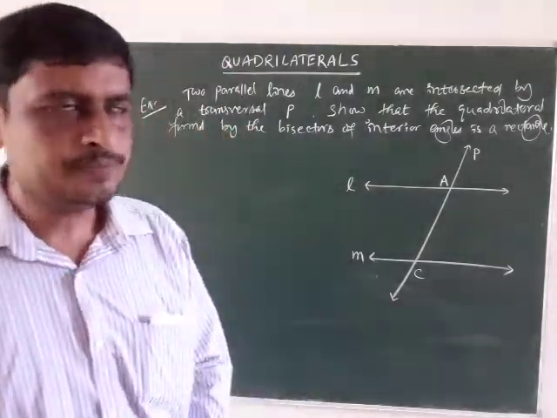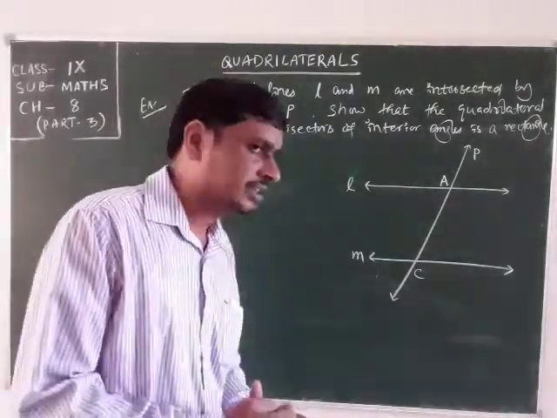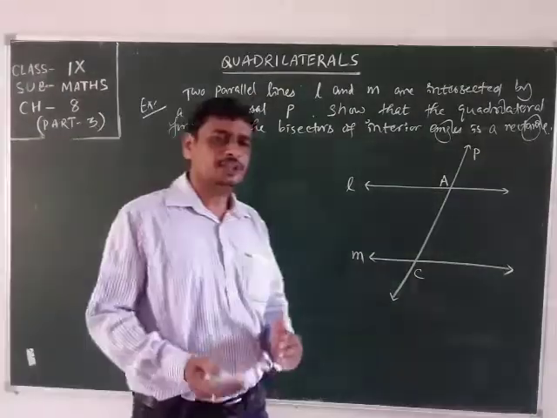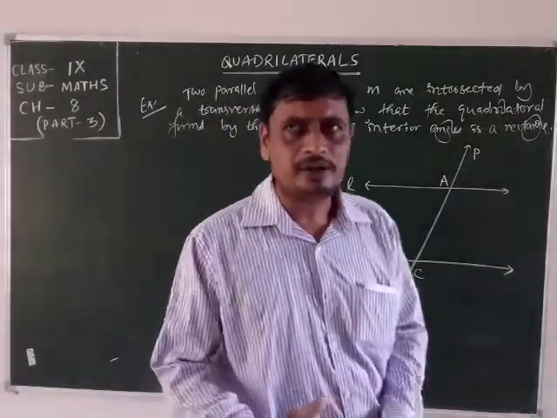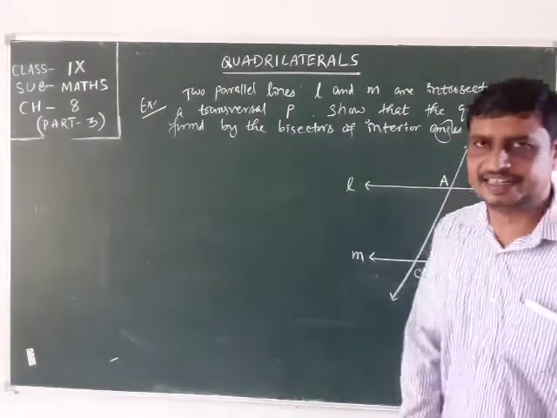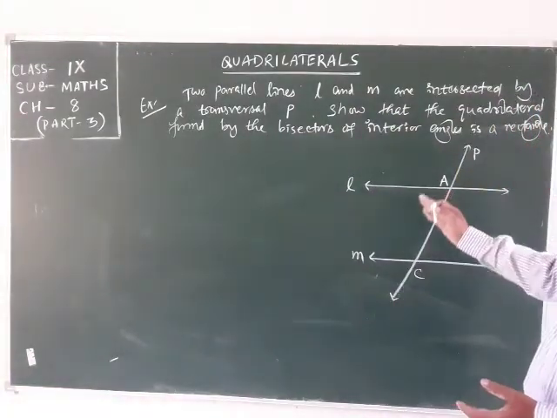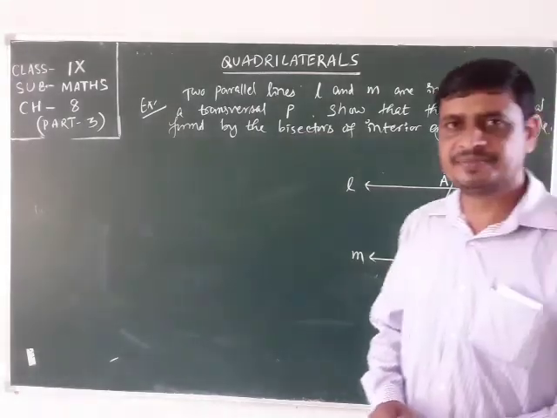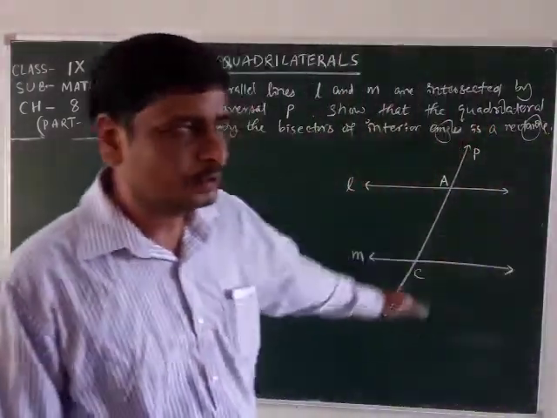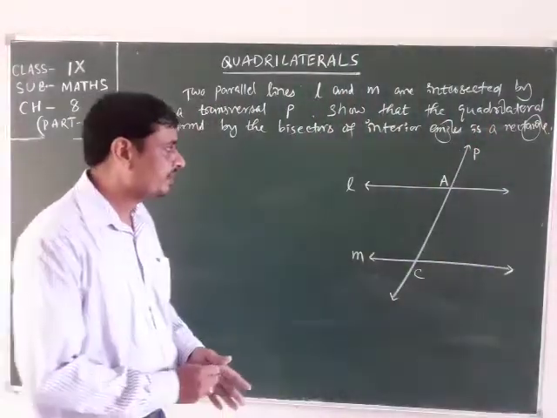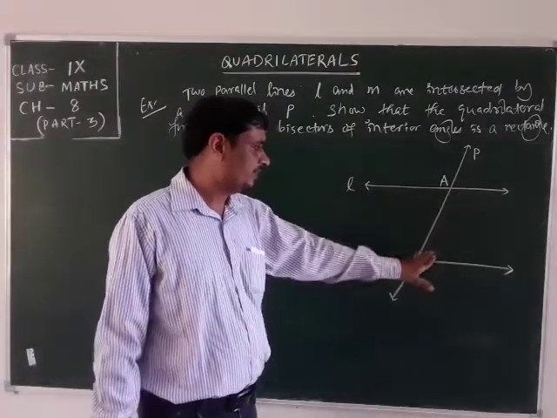We have to show that when we draw the bisectors of its interior angles, then we will get a rectangle. Four interior angles are produced by intersecting these two lines by the line P: 1, 2, 3, 4.